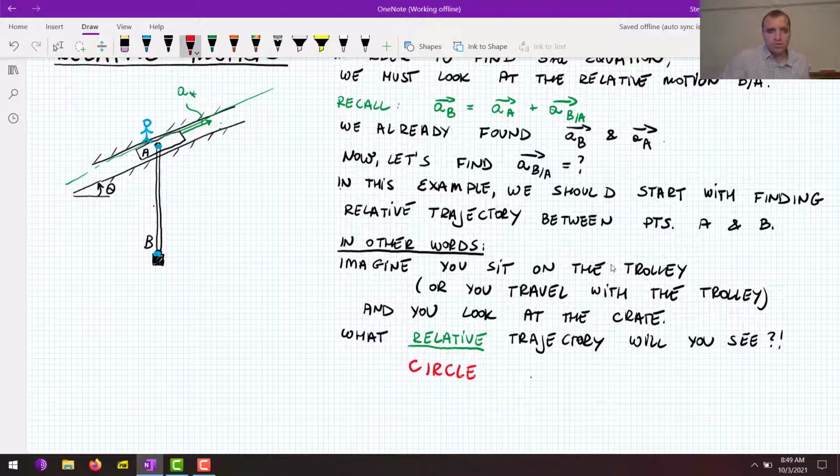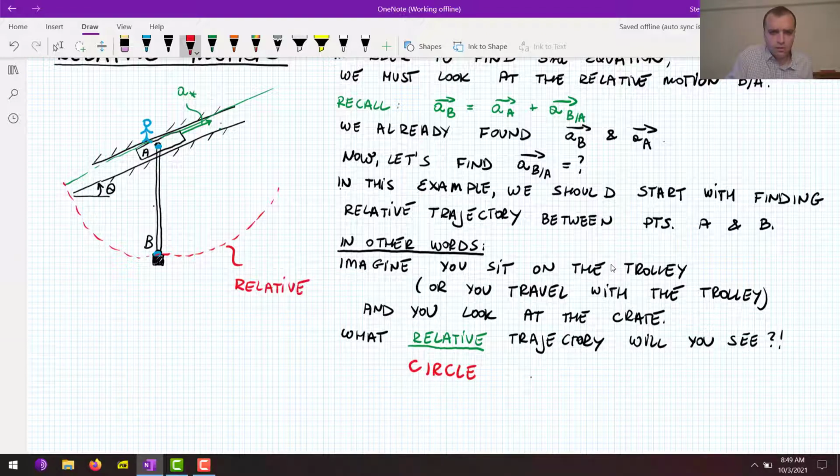So let's draw that circle in our picture. So this is our relative trajectory. I will just underline the words relative trajectory. It's a circle.